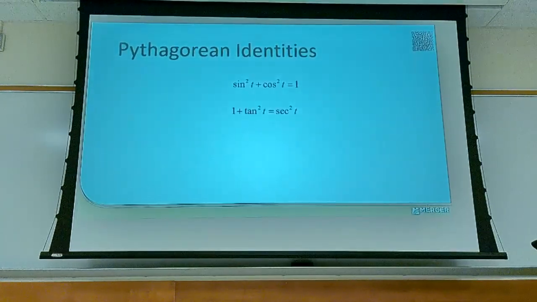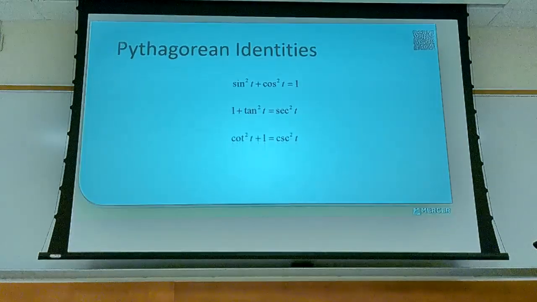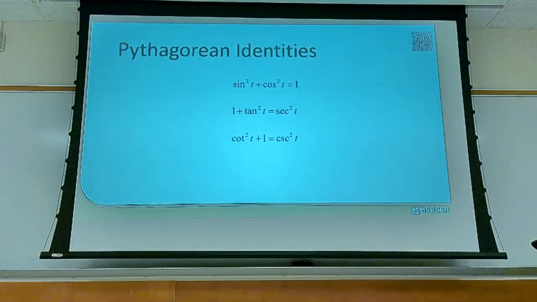Second one, 1 plus tangent squared is equal to secant squared. This is easily derived just by dividing every term of the first identity by cosine squared. The third one, cotangent squared plus 1 is cosecant squared. That is easily found by dividing each term in the first identity by sine squared.